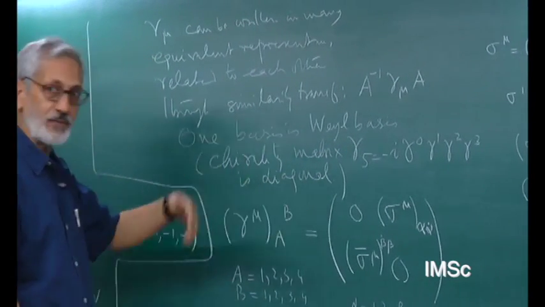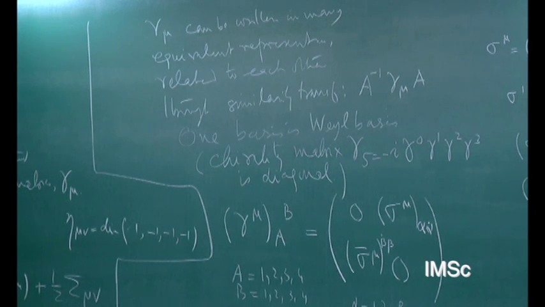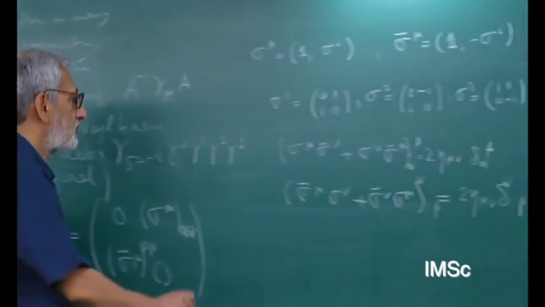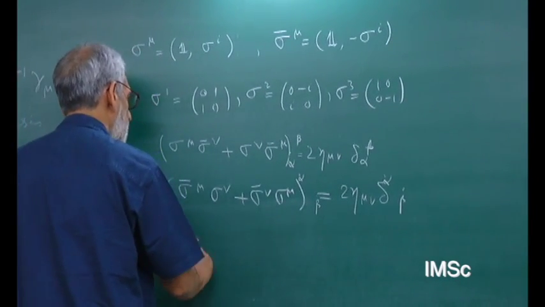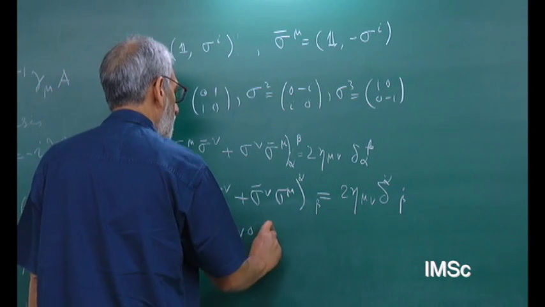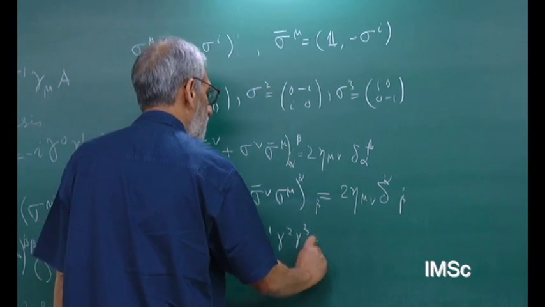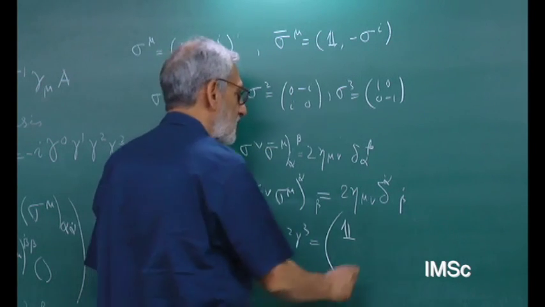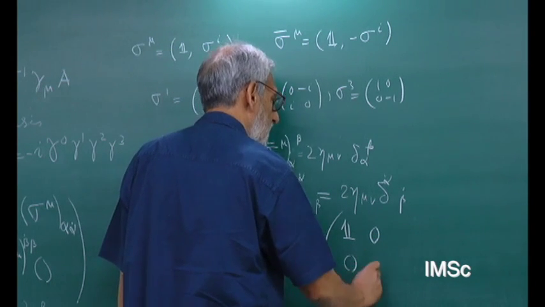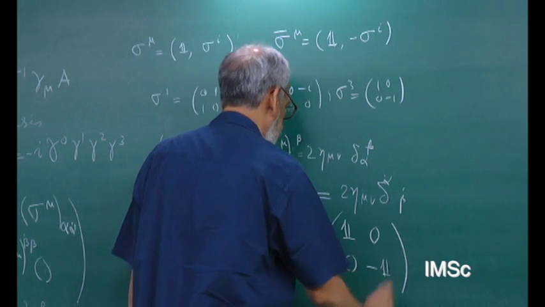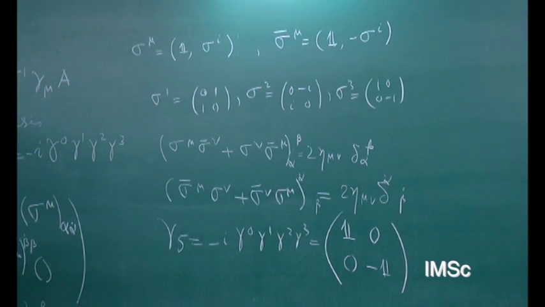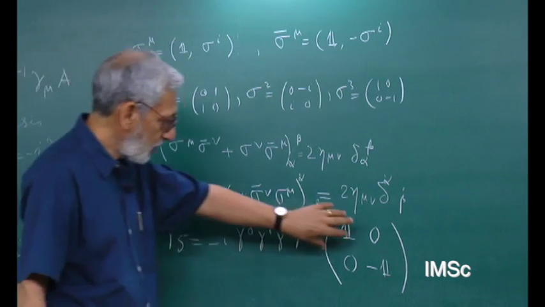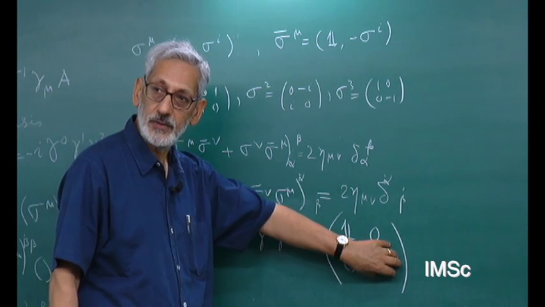So, let us evaluate gamma 5, which is minus I gamma 0 gamma 1 gamma 2 gamma 3. It's a 2 cross 2 unit matrix here, 0, 0, minus 2 cross 2 unit matrix. So, gamma 5 has broken into block diagonal form with the unit matrix here and minus unit matrix here.